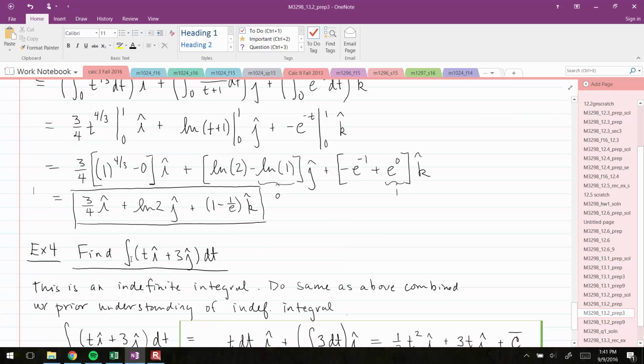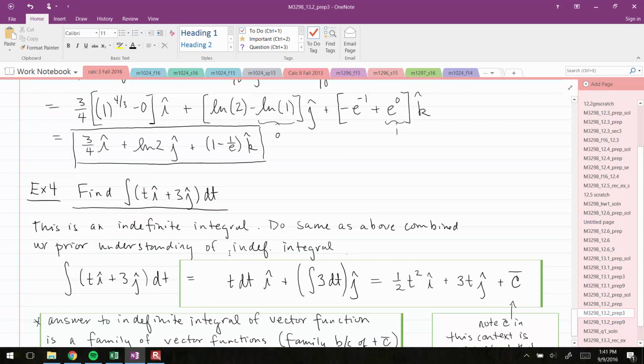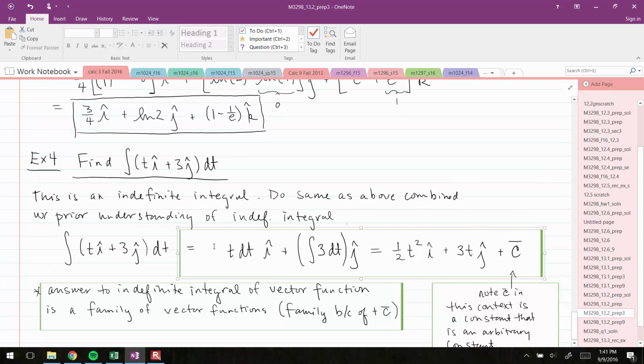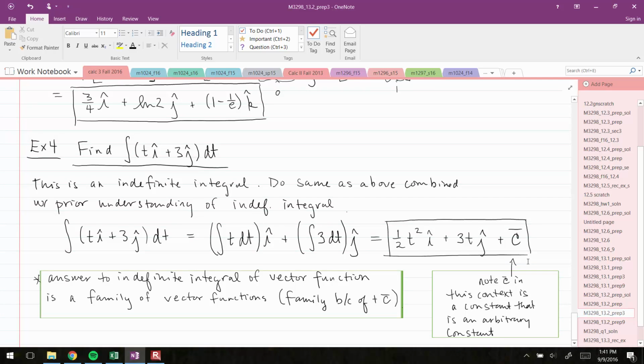What if we have what's called an indefinite integral? We do this the same way, component by component. One little twist is when we don't have the numbers, we usually just put a plus c at the end. Turns out we do the same in vector land, but note that when we write the plus c, it is a vector in this context. It's an arbitrary vector.